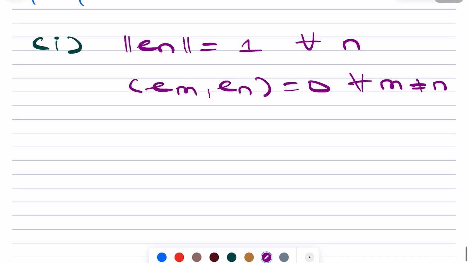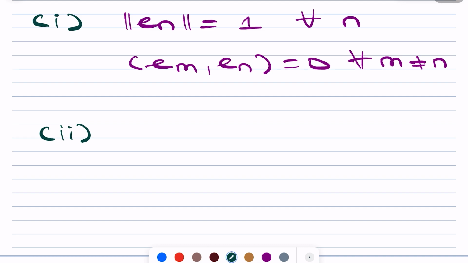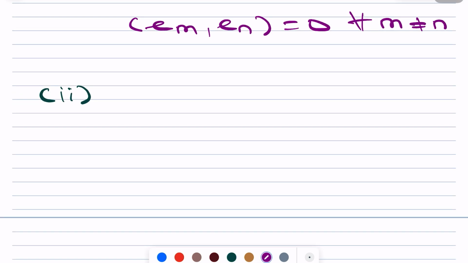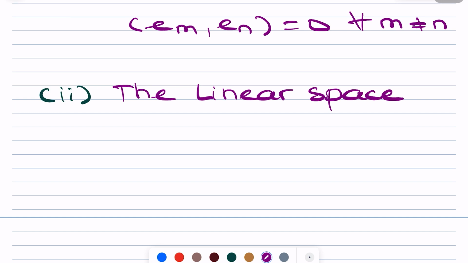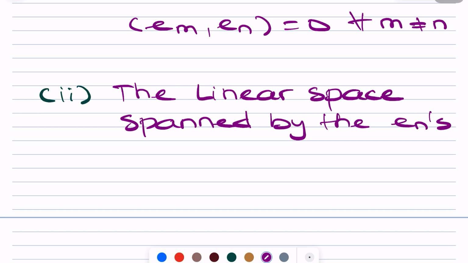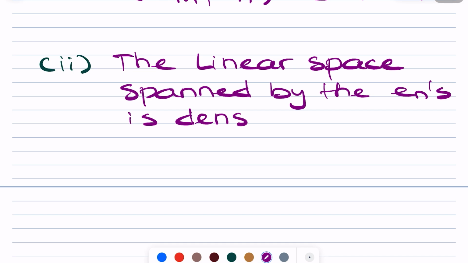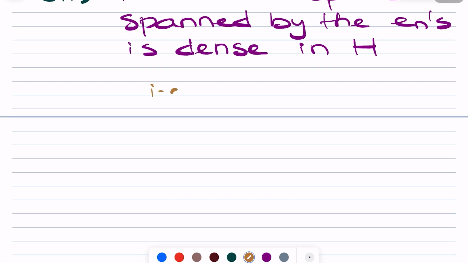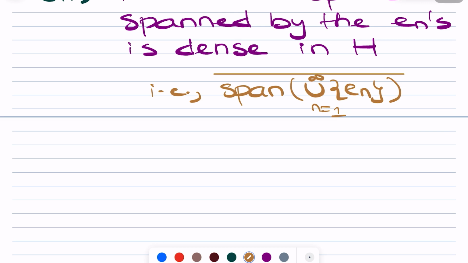And you also need the linear space spanned by the e_n to be dense in H. So this means that the span of the union of e_n, n running from 1 to infinity, its closure is exactly H.